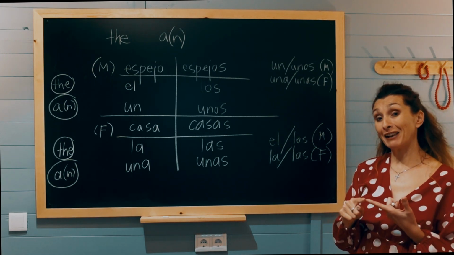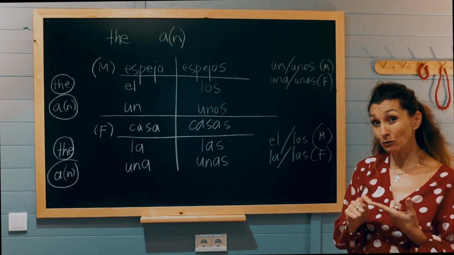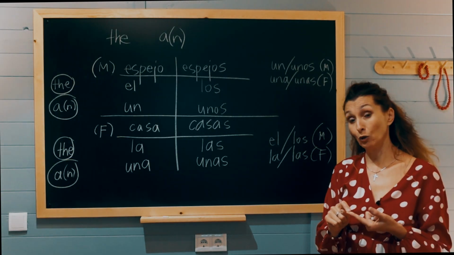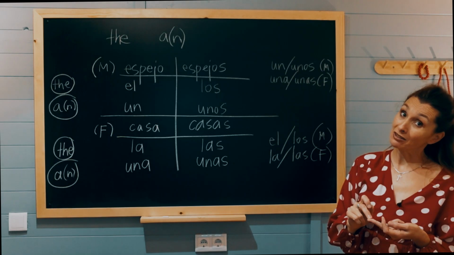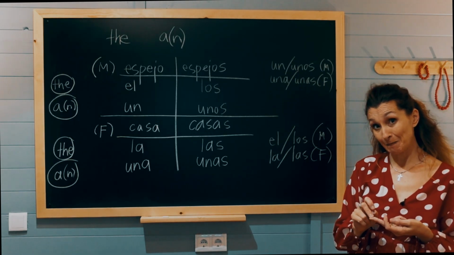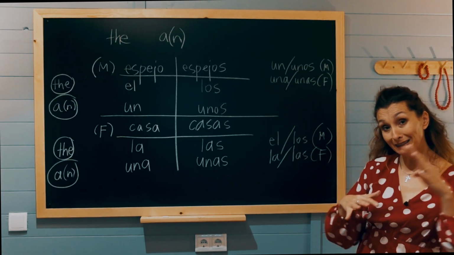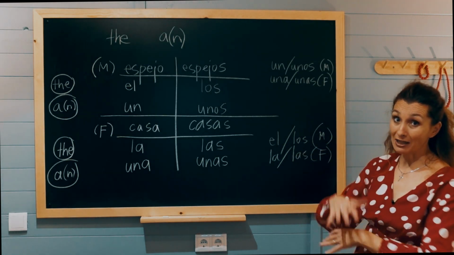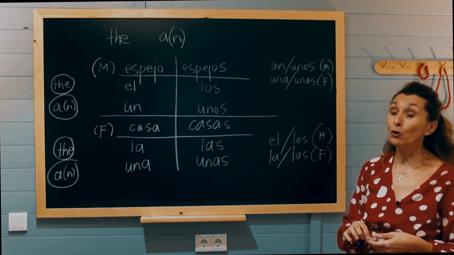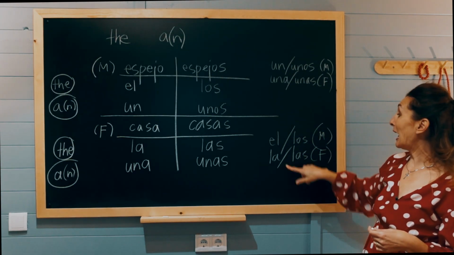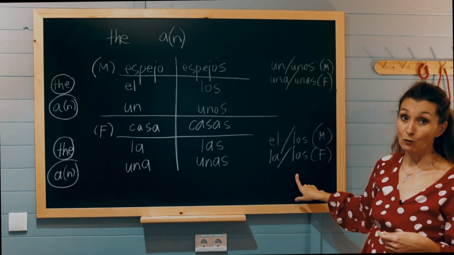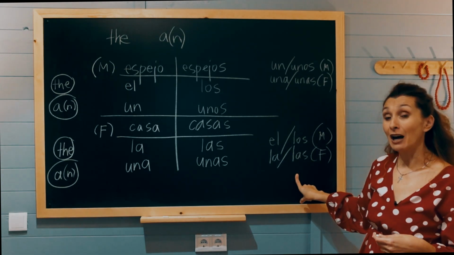Because they need to reflect the number of the noun, is it singular or plural, and the gender, is it masculine or feminine. Okay, so when you combine the 2 numbers and the 2 genders, you get 4 different forms of the indefinite article and 4 different forms of the definite article.